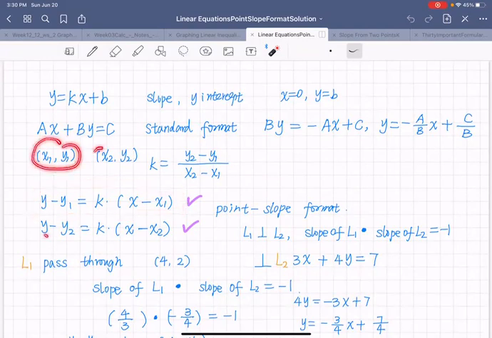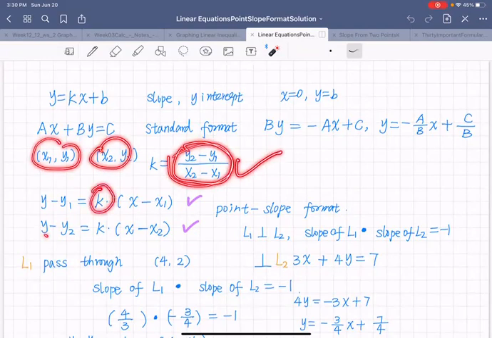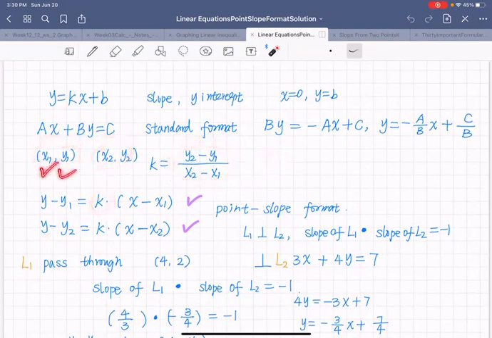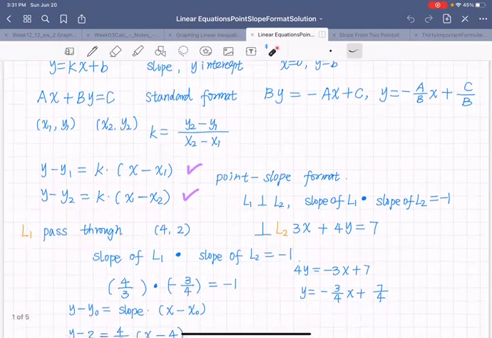You were given these two points, so you can calculate the slope. After you calculate the slope, you know this value, and you have these points. It doesn't matter whether you use this point or that point. These two will be the same formula. So far, any questions?